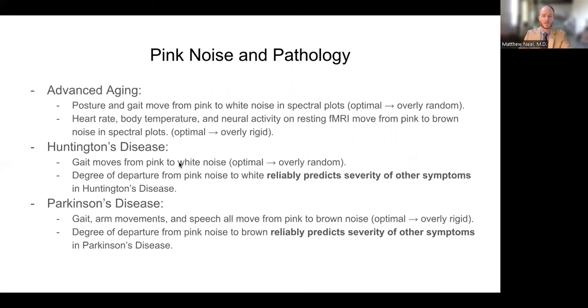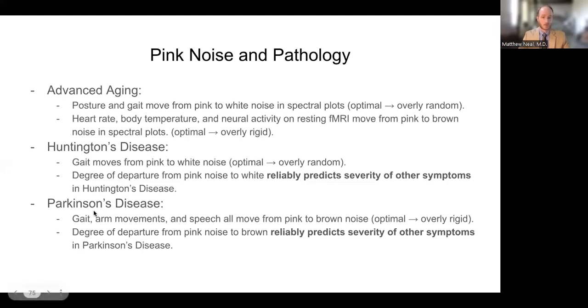In Huntington's, we're moving from pink to a more random regime. We've got the choreoathetoid movements of Huntington's patients, and the ballism that they exhibit sometimes. Really cool: the degree of departure from pink noise to white reliably predicts the severity of other symptoms. So this is in some ways a quantitative biological measure of disease severity.